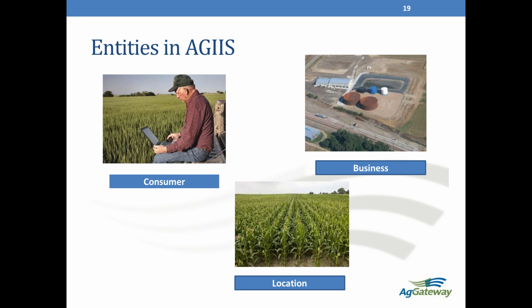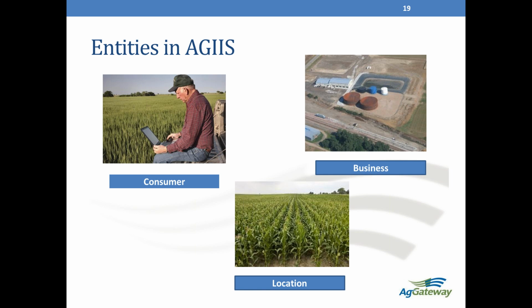As I said, consumers and businesses, you can have multiple classifications. On the right-hand side, we have a business, which could be an ag retail location that sells crop nutrient products as well as crop protection and seed products. And they could be classified as a business.